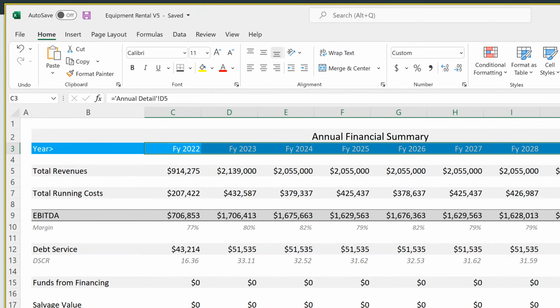112. Okay, that matches. That matches. Let's just drag it through.